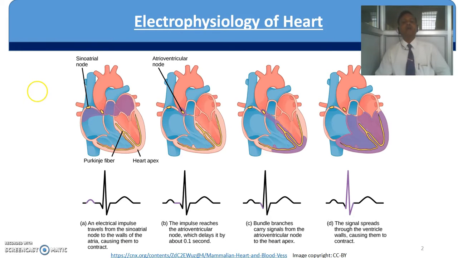And when the heart cell gets depolarized, its action potential, the electrical potential difference across the cell membrane, is up to 20 millivolts, which is positively charged. Why this happens is because along this process of repolarization and depolarization, there is exchange of different types of ions across the cell membrane, ions like calcium, potassium and sodium. Dependent upon the exchange of these ions, the action potential across the cardiac cell membrane differs.